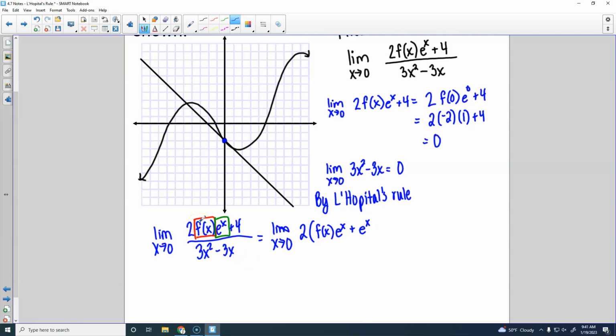And then I'll have plus e to the x times the derivative of f of x. What's that? F prime of x. And then the plus 4 is just going to be 0 right there. And then the bottom is easier to take the derivative of. We'll just get 6x minus 3.